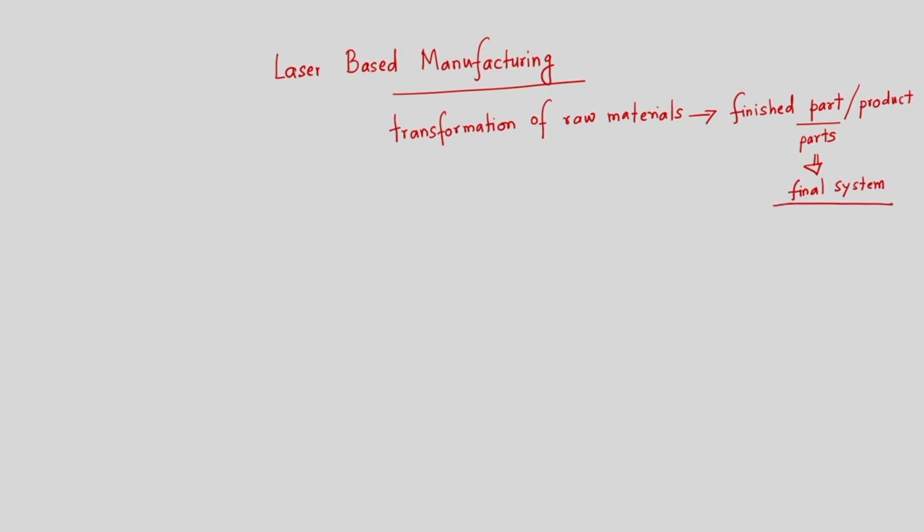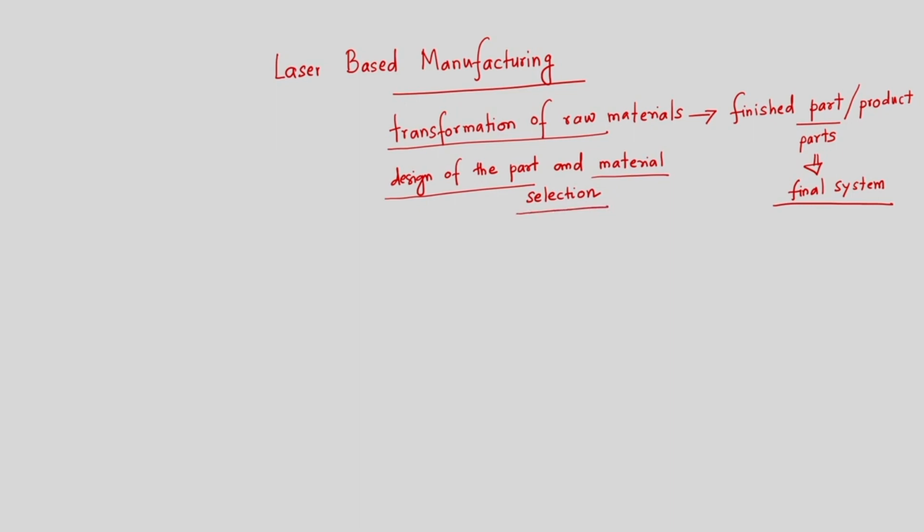So, some of the definitions also include the design as well, design of the part, and the material selection, as part of the definition of manufacturing. So, we can consider the manufacturing as the transformation operation, design of the part, and material selection.